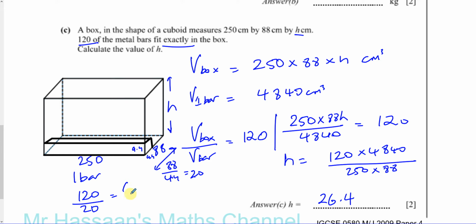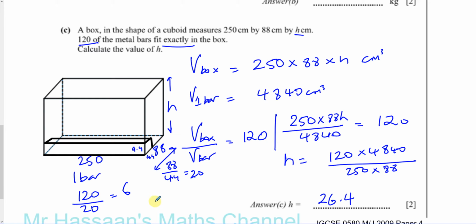So there are 6 bars that are going to be on the height. Okay, so we're going to have 6 bars, and each bar is going to be 4.4. So there's going to be 1 bar this way, there's going to be 20 bars this way, and there's going to be 6 bars that way. That gives us 120. Okay, that's 1 times 20 times 6, that's 120.